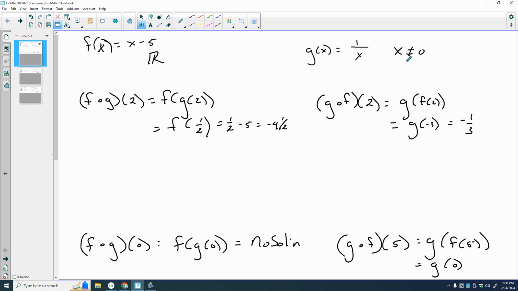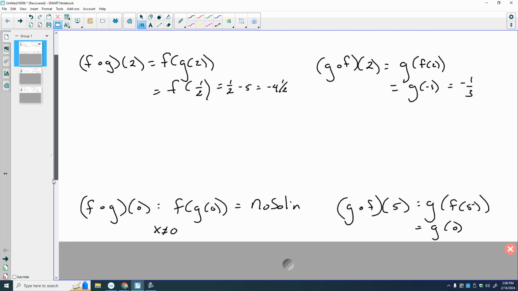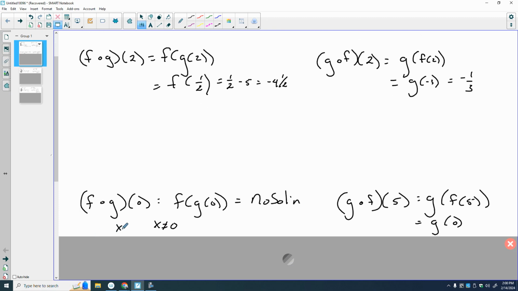And in this case, x can't be equal to 0. So my domain is x cannot equal 0. And remember, we could put it in set notation. I'm not requiring it, but I could say the set of all x such that x is not equal to 0. Just x is not equal to 0 is fine.